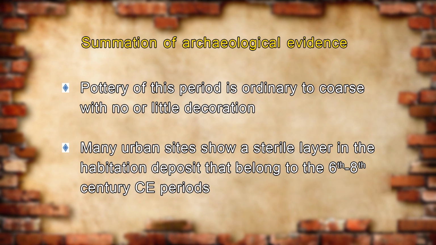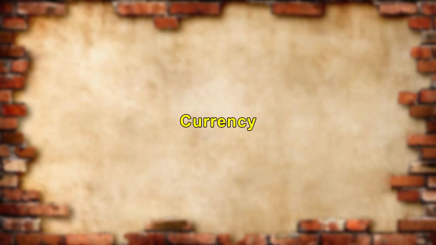Many urban sites show a sterile layer in the habitation deposit that belongs to the 6th to 8th century CE period. These archaeological findings reveal a clear indication of desertion of urban centers in this period that finally led to urban decay. Now, we will be talking about currency.